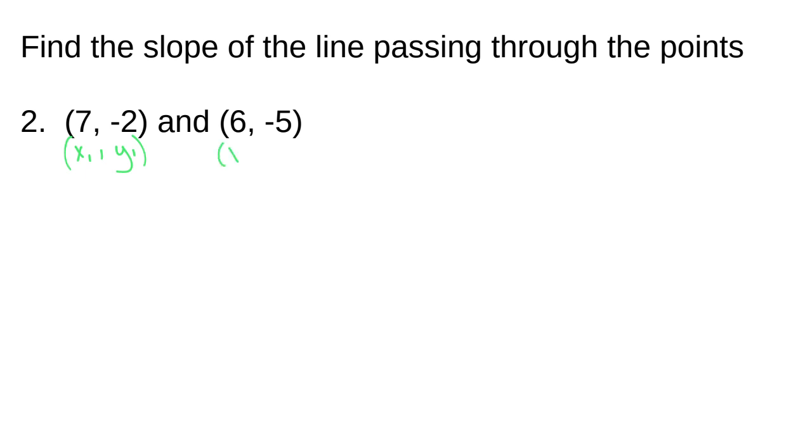This is our second x number, so x sub 2, and our second y value, so y sub 2. And we are going to put that into our formula for slope, which is y sub 2 minus y sub 1 on top, and x sub 2 minus x sub 1 on the bottom.